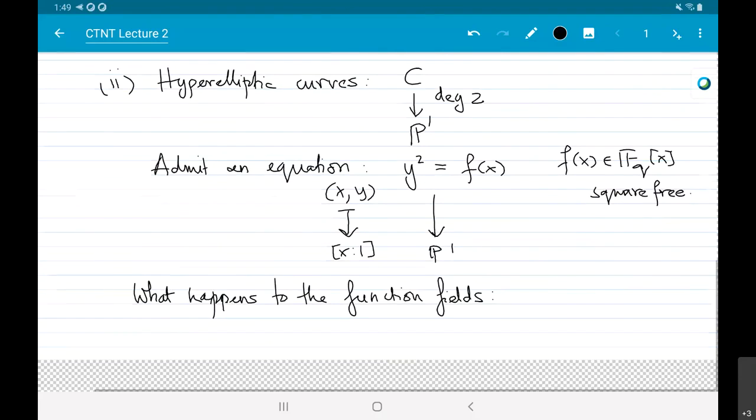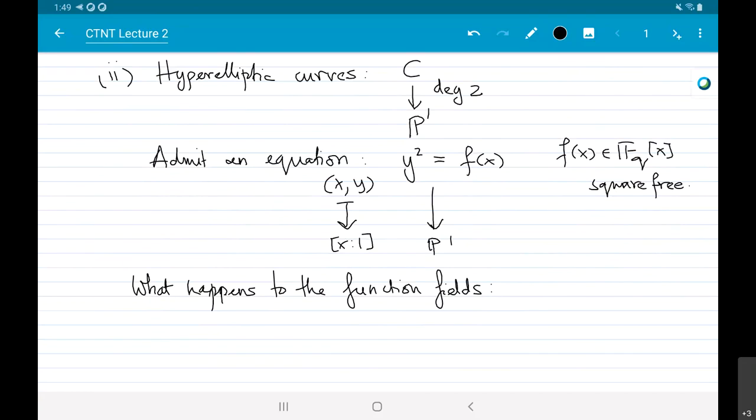Here, we're looking at K(P1), and we want to look at what it looks like inside K(C). Now, what is K(P1)? These are functions on P1, and if you ignore the point at infinity, what are functions on P1?